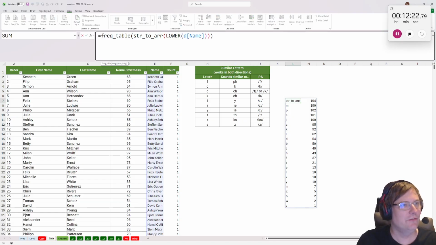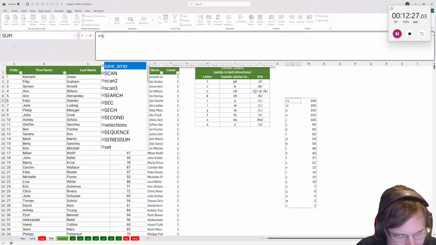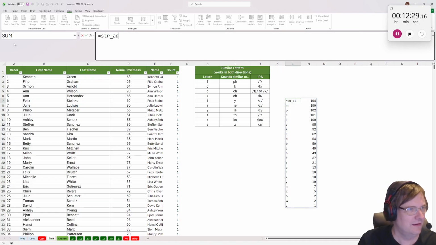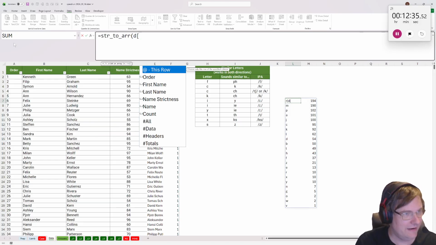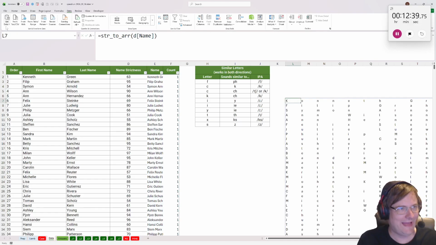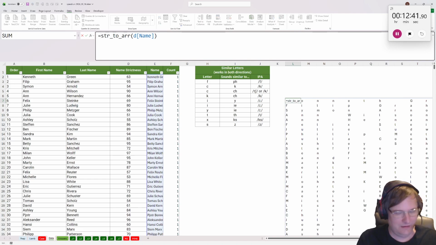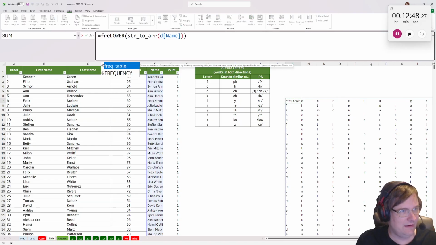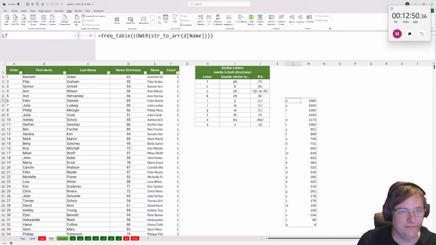So first, string to array of the name, first of all, is all that stuff, which is good. And lowercase it all, right? And now give me the frequency table of all that stuff.